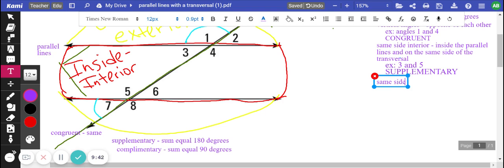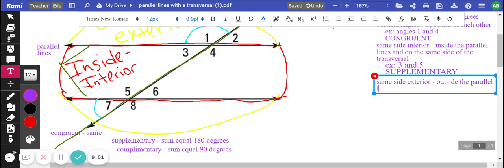So same side exterior is going to be outside the parallel lines and on the same side of the transversal.